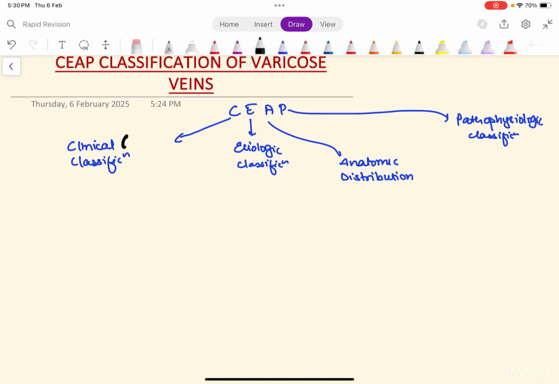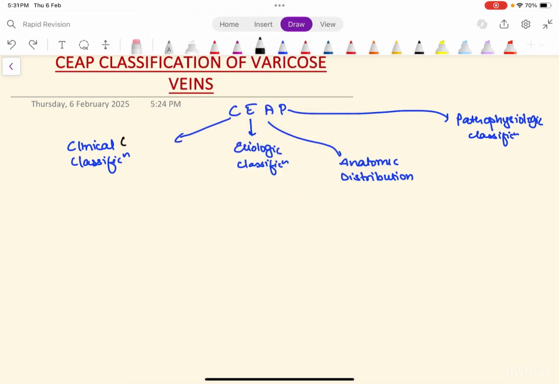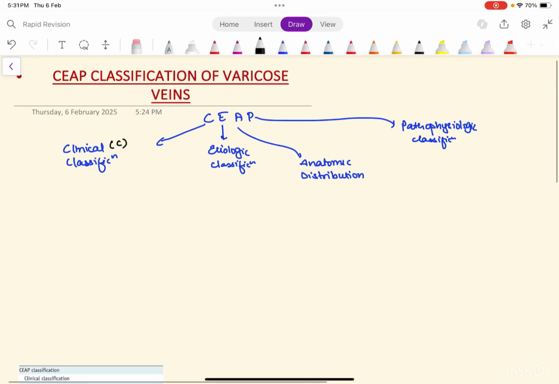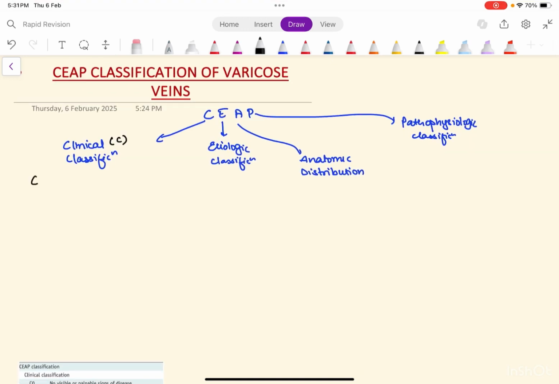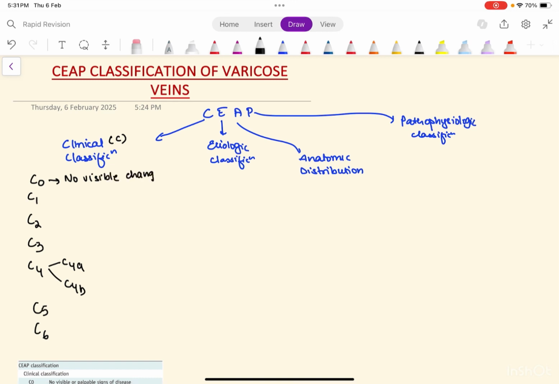Now you have 0 to 6. Alright, so this is our C component. Now here you have C0, C1, C2, C3, C4, C4A and C4B, C5 and C6. So C0 is no visible changes or signs.